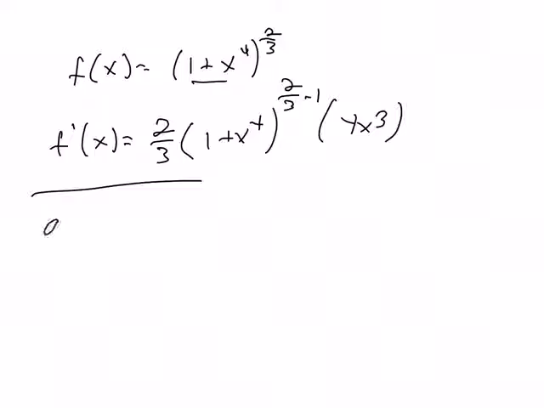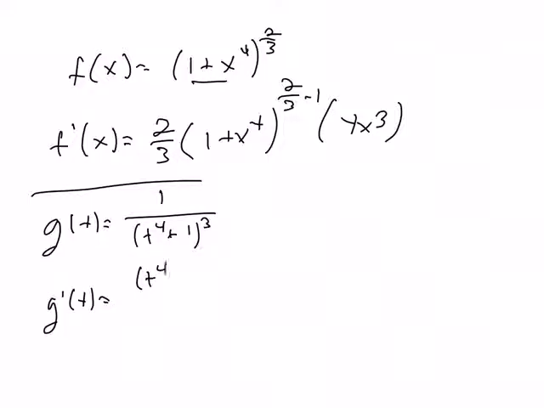Okay, problem 11, g of t is equal to 1 over t to the 4th power plus 1, all this to the 3rd power. So g prime of t is going to be, by the quotient rule, let's just write everything out. We're going to have t to the 4th plus 1 to the 3rd power times 0, the derivative of 1, minus 1 times the derivative of this, which now we're going to use the chain rule.